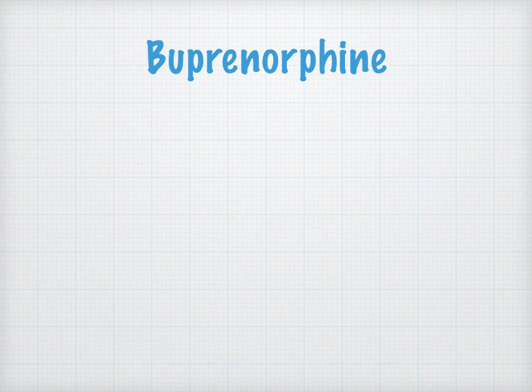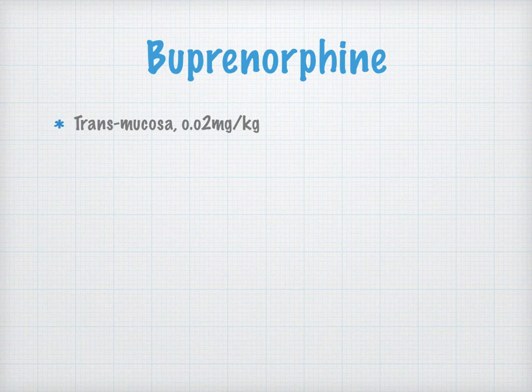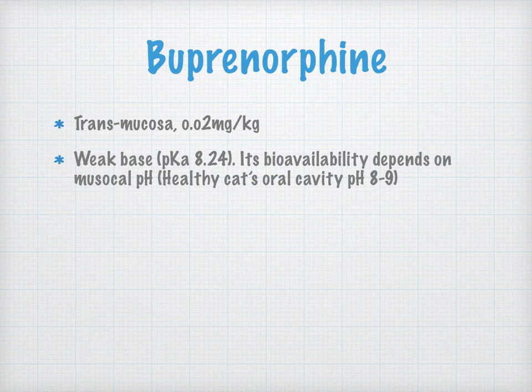In this month's JFMS, there is another article discussing the analgesic effects of transmucosal buprenorphine in cats with oral disease, mainly gingival stomatitis. The dosage used currently is 0.02 mg/kg transmucosal. The systemic absorption of buprenorphine after buccal administration depends on the mucosal pH.